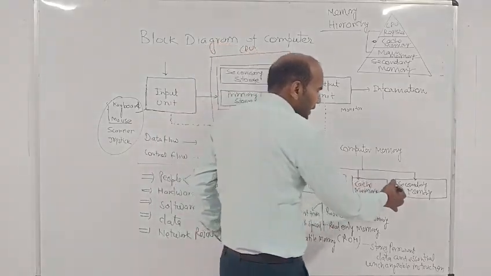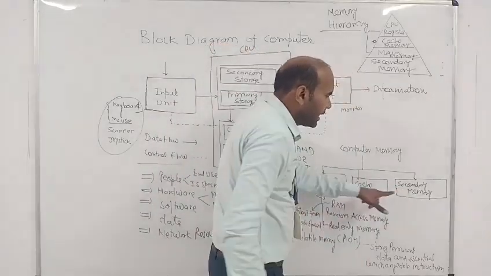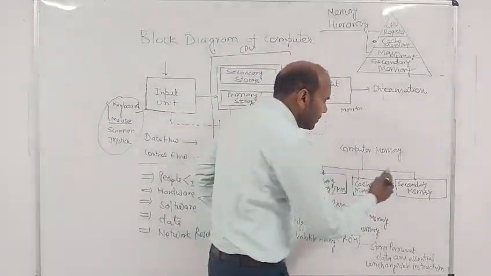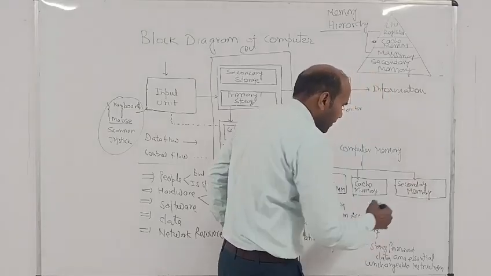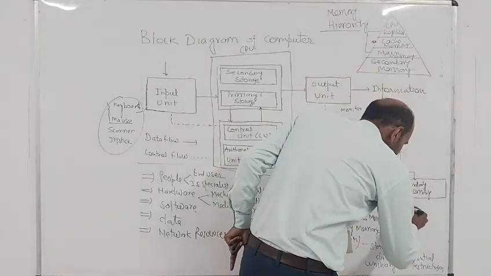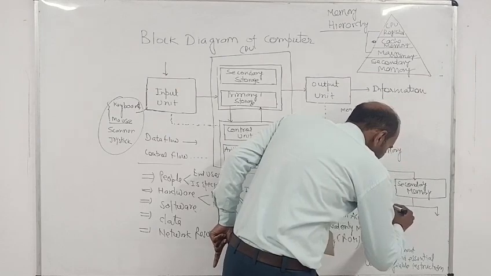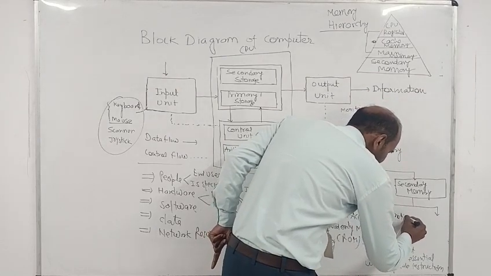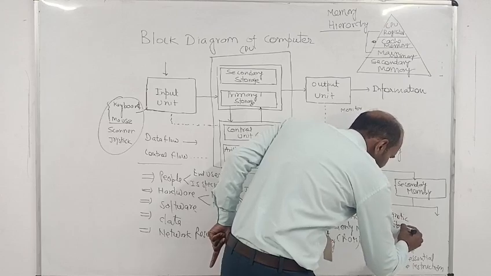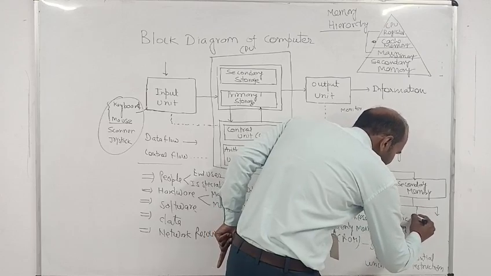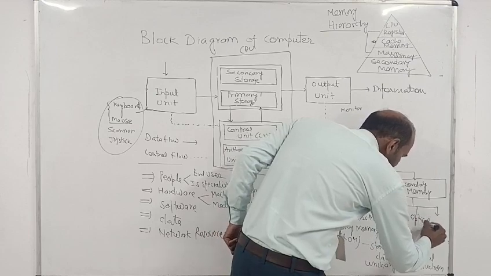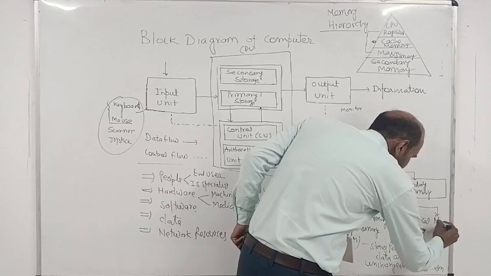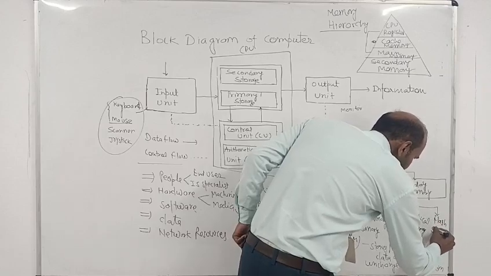And third is the secondary memory. Secondary memory stores the permanent record of the computer system. This memory is categorized in three important types. First is magnetic storage, second is optical storage, and third is flash storage.